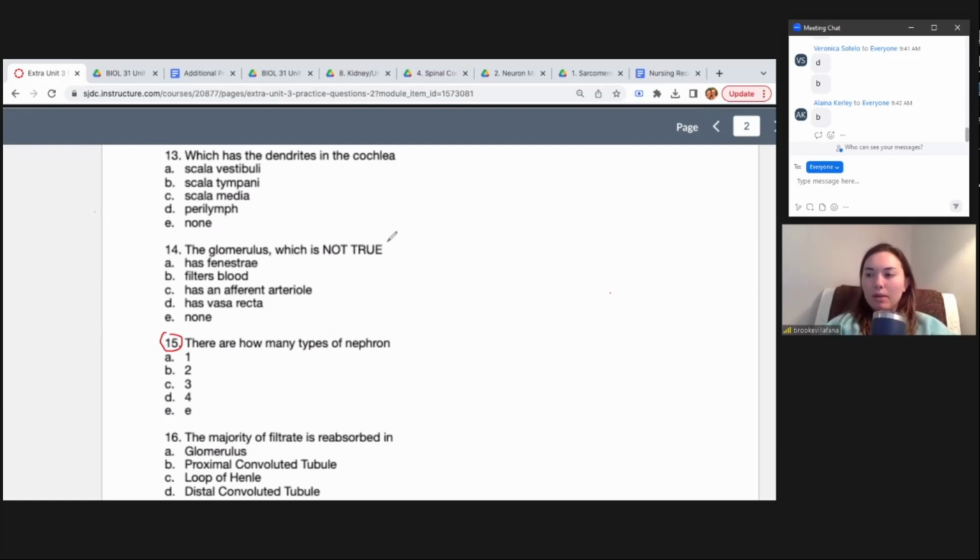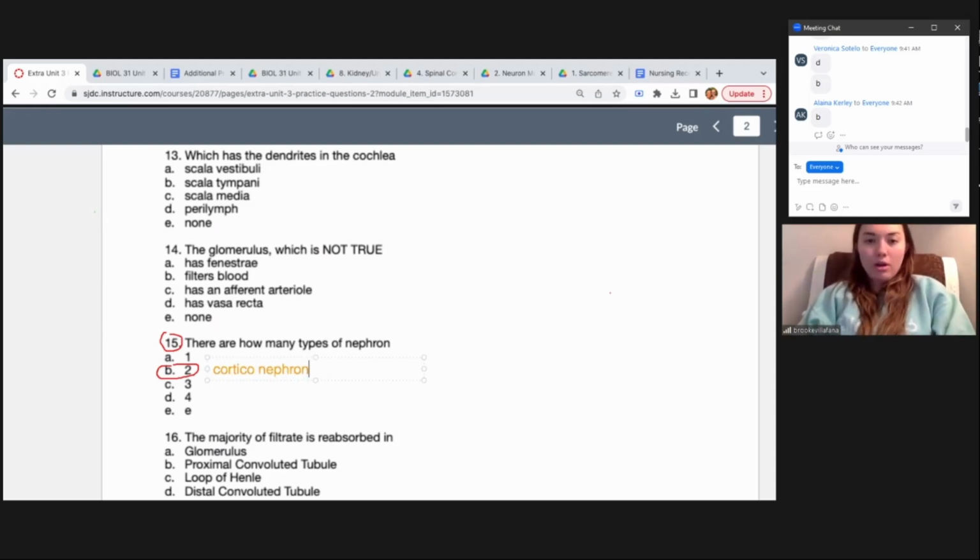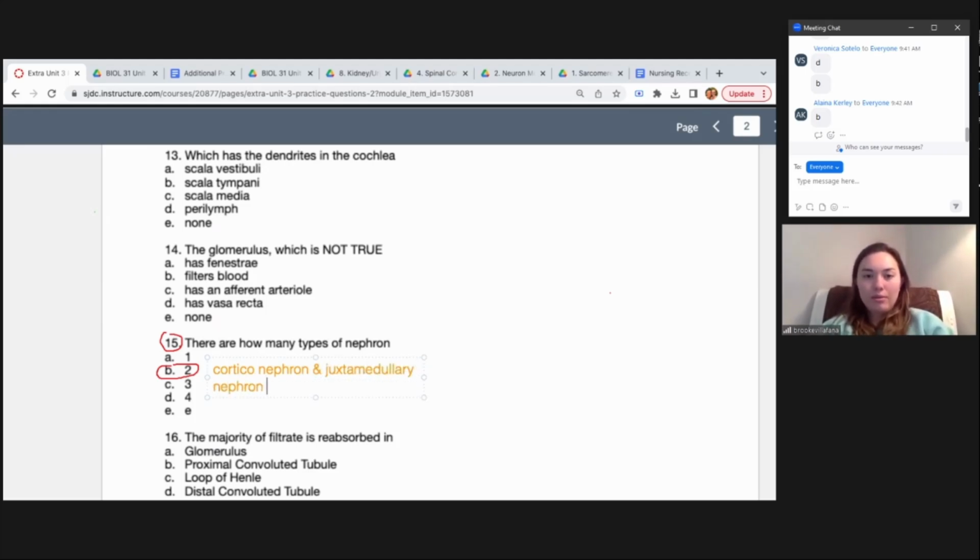So there are two types of nephron. There's the cortico and the juxtamedullary nephron. Those are the two types. So remember, the corticonephron is mostly in the cortex, and the juxtamedullary nephron is mostly in the medulla, but both have their loop of Henle in the medulla, but those are the two types of nephron.